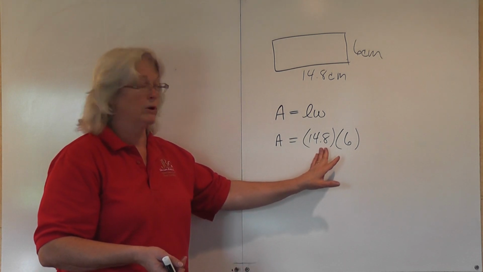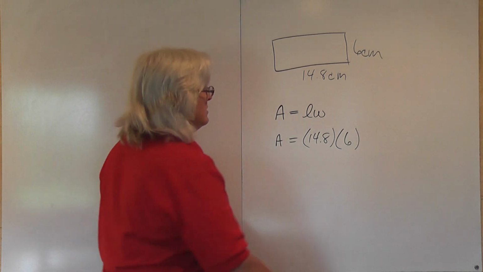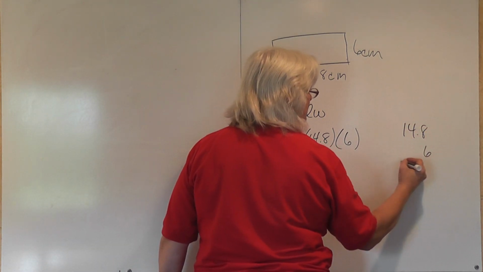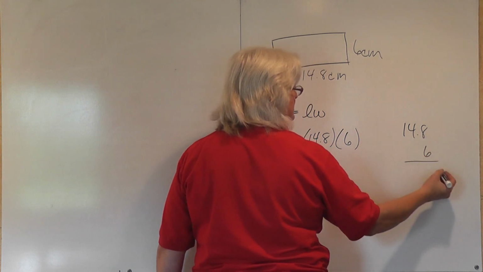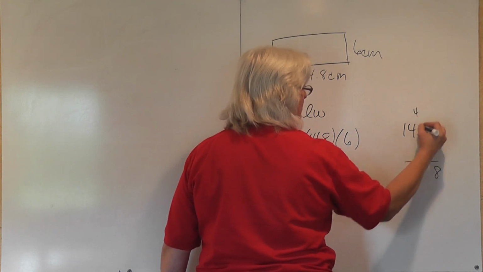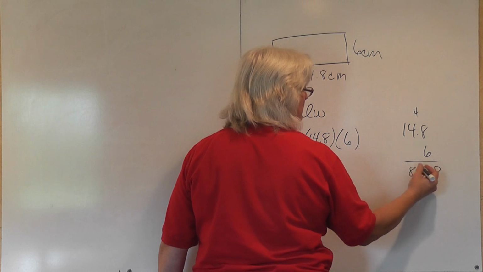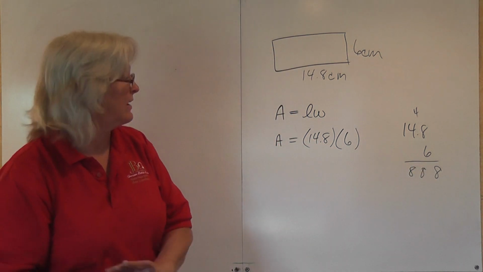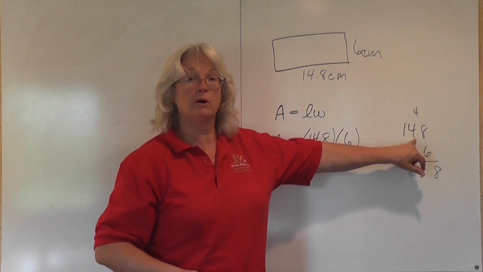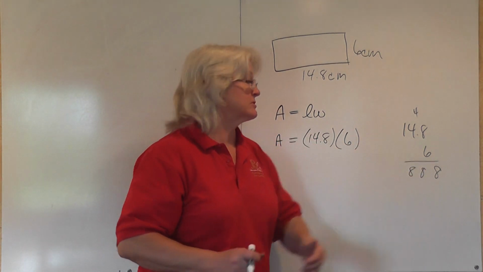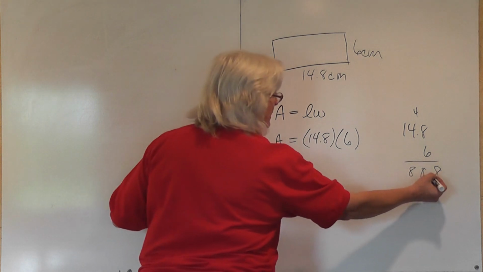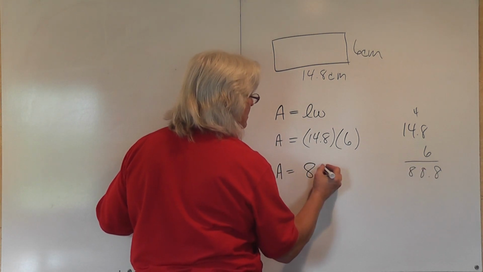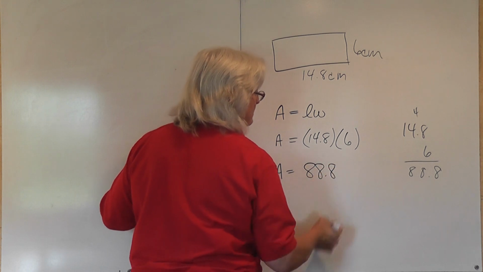This means 14.8 times 6. Do your work out to the side. I did say that you could use a calculator now. 6 times 8 are 48. Carry 4, 24, 28, carry 2. Make sure that you locate your decimal point accurately. You have 1 decimal point. So your answer becomes 88.8. So the area of this rectangle is 88.8.